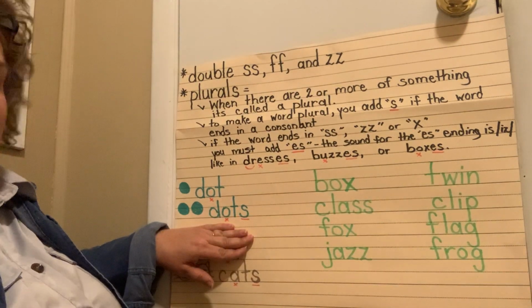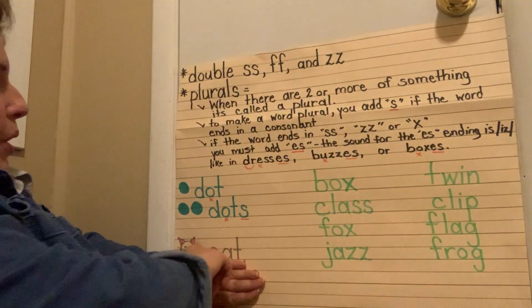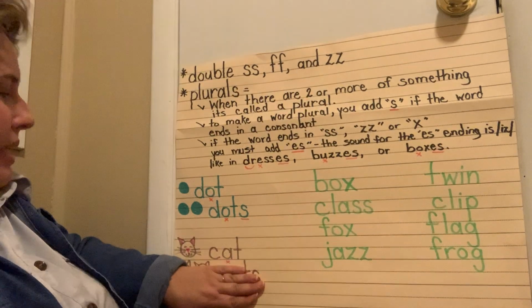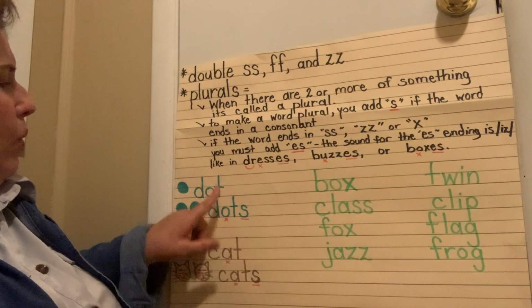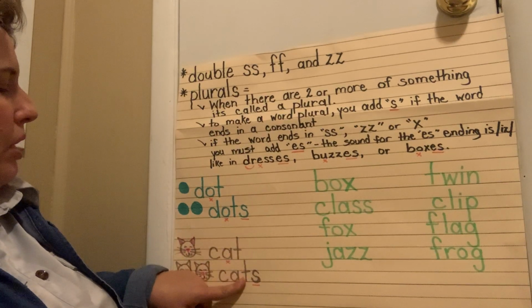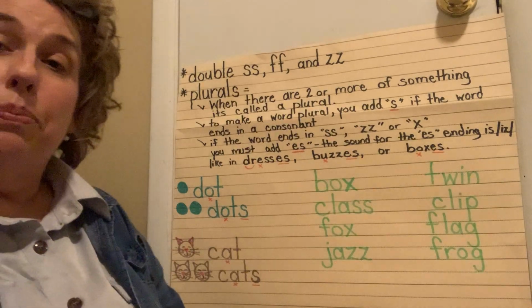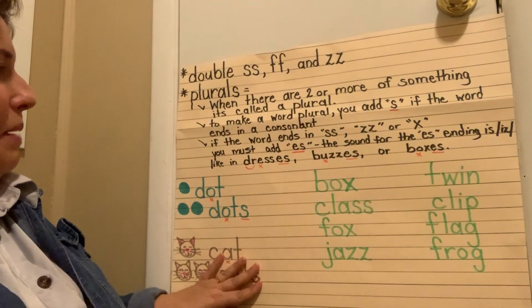Dots. Do you see that? How about this word? What is that word? Cat. Cat. But it ends in the same consonant. I should have done another one. Since it ends in a consonant, and if we want to make it plural, we add what? An S. That's it. It's that simple.